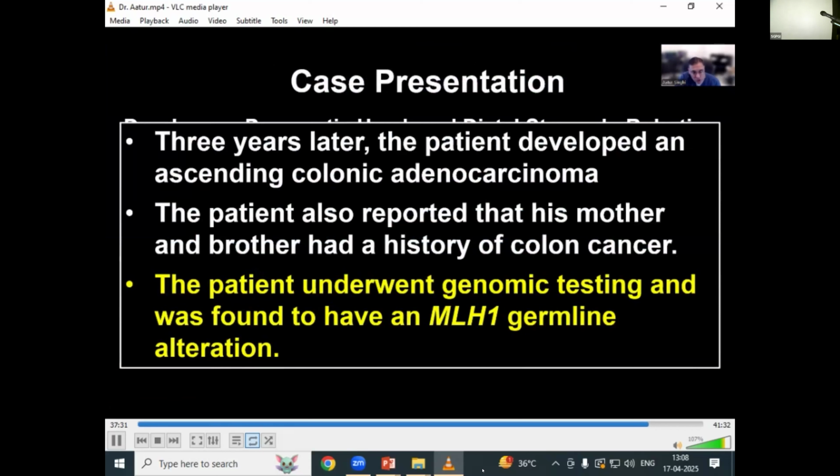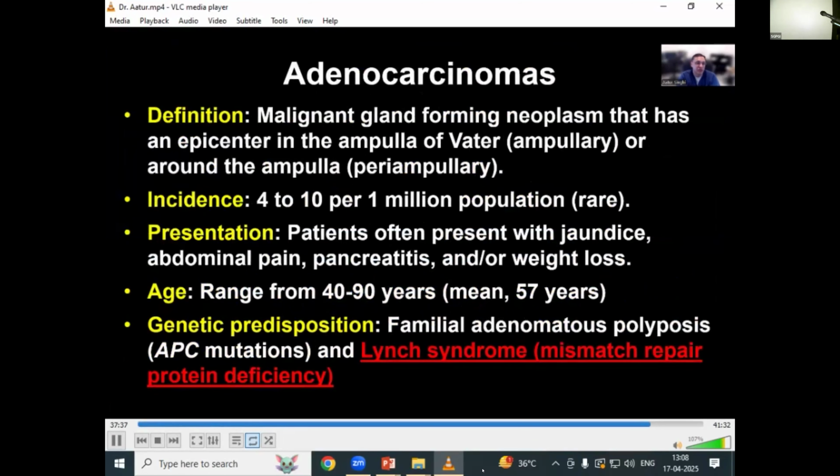So very interesting overall. The patient did actually have Lynch syndrome, which may not be as surprising as it sounds, because many patients with ampullary adenocarcinomas can present as the initial event of Lynch syndrome. And in this case, the patient did present initially with Lynch syndrome.